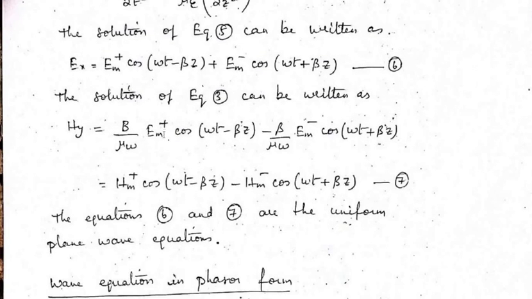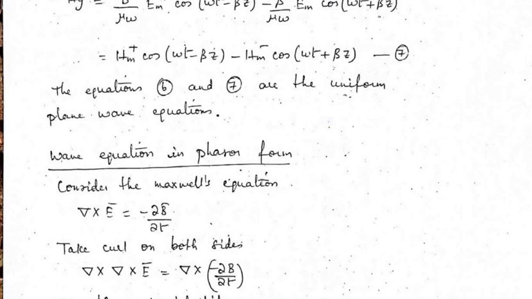So this whole term we can write as Hm plus cos omega t minus beta z minus Hm minus cos omega t plus beta z. So these are the two uniform plane wave equations.